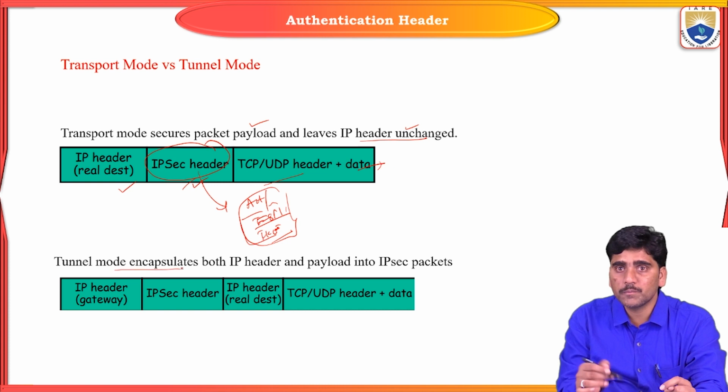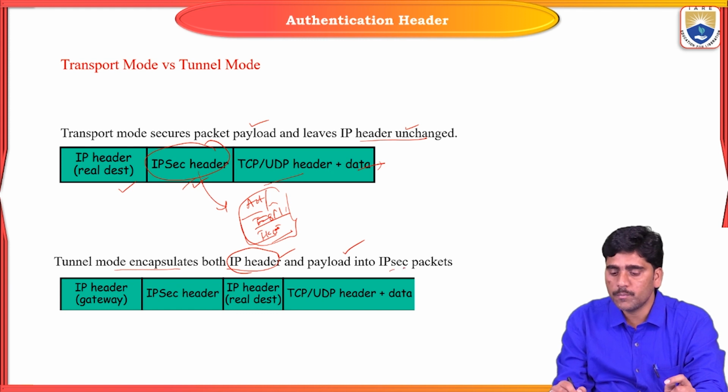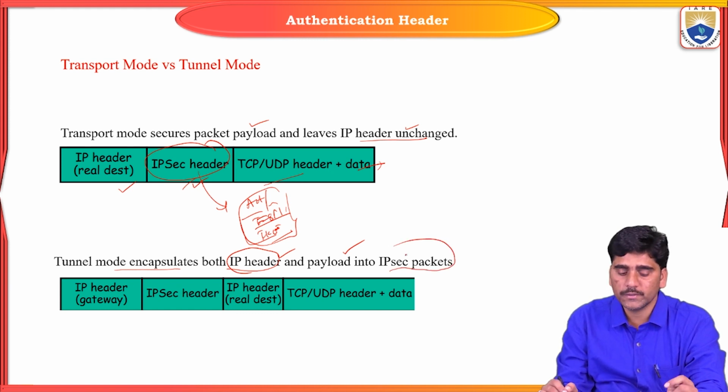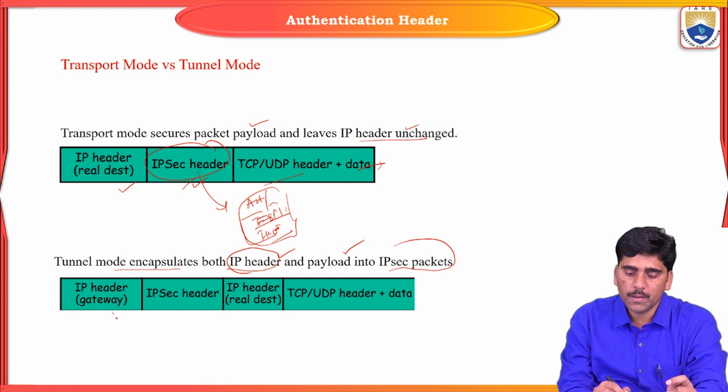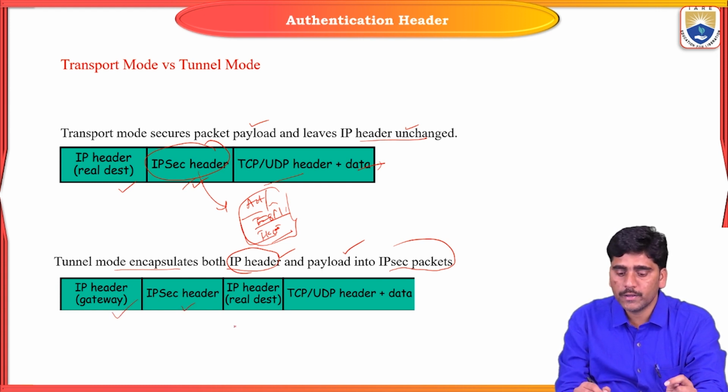And tunnel mode encapsulates both the IP header and payload into IP secure packets. So there is the IP header of the gateway, the IP secure header, the IP header of the real destination, and the TCP or UDP header plus data.